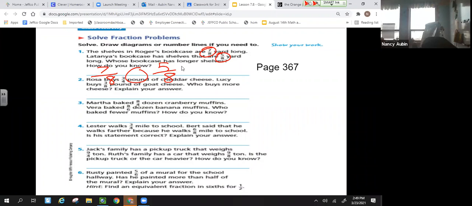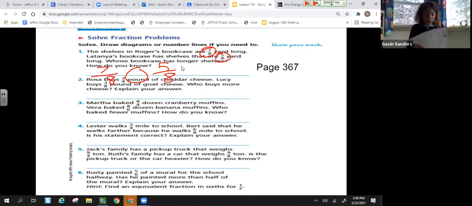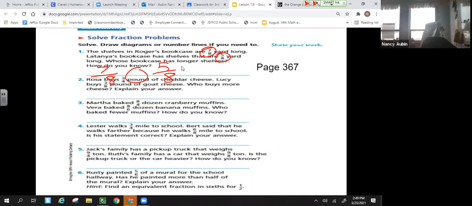Haley Booker, right now. This is what we're doing, page 367. If Roger's bookcases are 7/8 yard long and Latanya's are 5/8 yard long, which one has longer shelves? We have to compare them.